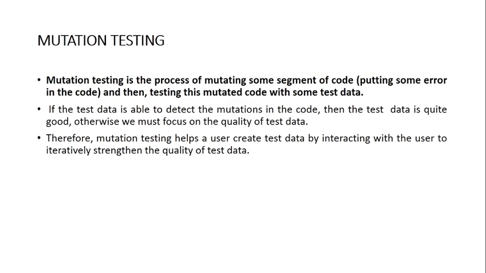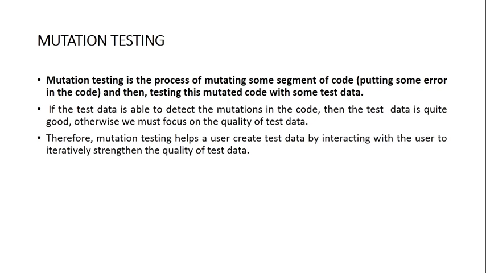Now I want my test cases, whatever I have developed, to catch or identify these errors. If my test case is efficient enough to identify the error which I have artificially induced, that means my test cases are proper. But if I am not able to identify that error, that means the test cases are not proper, and you have to improve them so that they can identify that error.